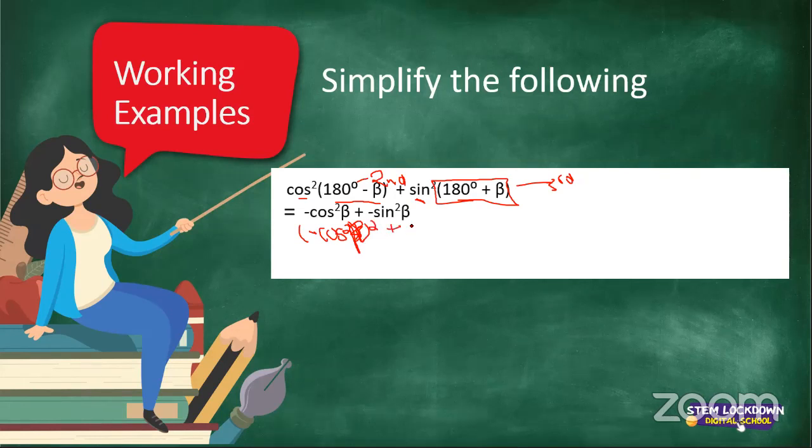And the same is true for this, you would have simply expressed this as minus sine beta, squared. Remember, when you have a square on a negative, it simply becomes a positive.